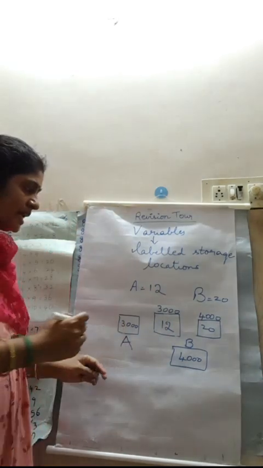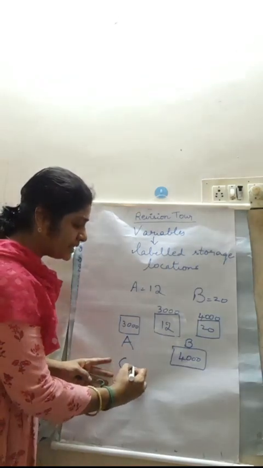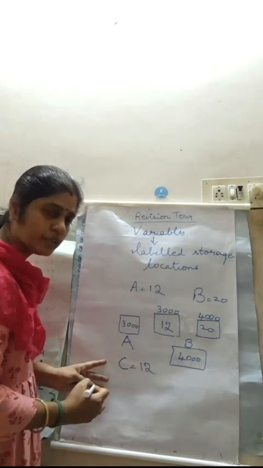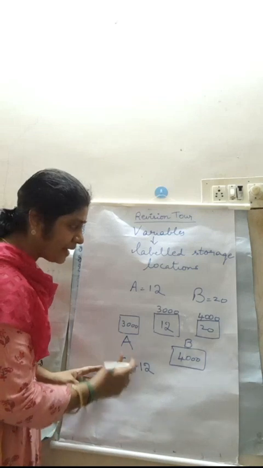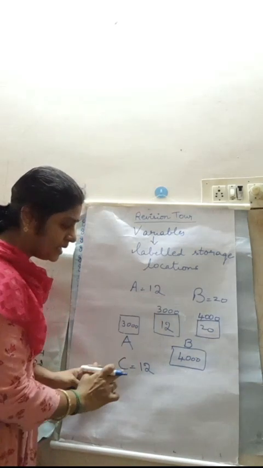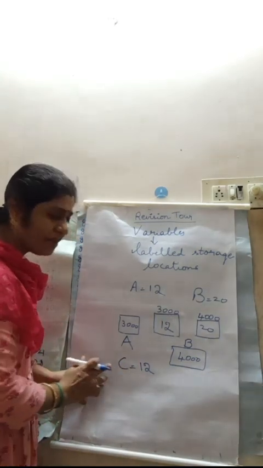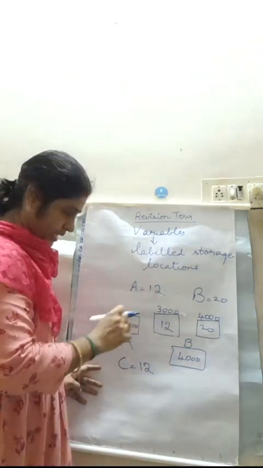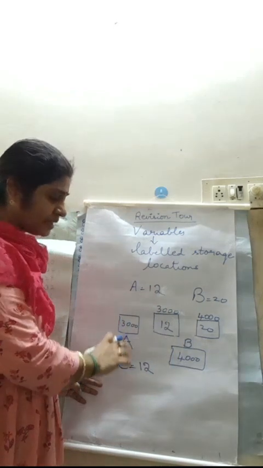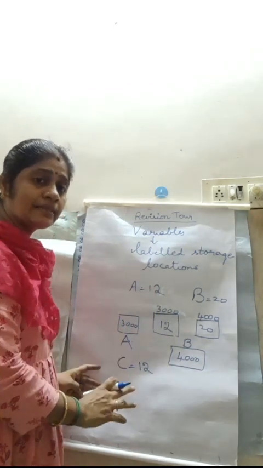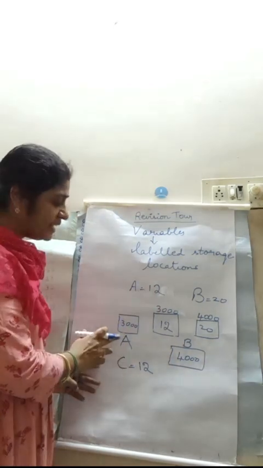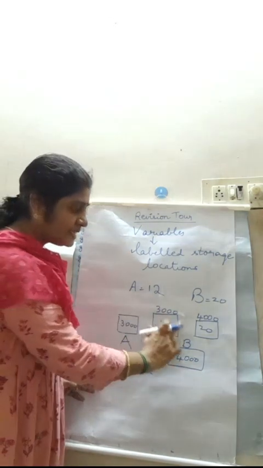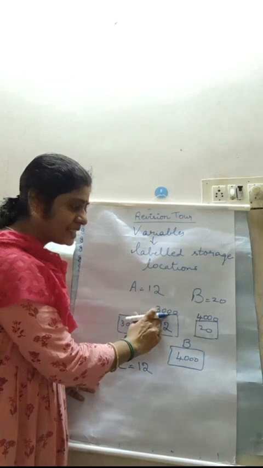For example, I am declaring a variable C and I am storing the value 12. What exactly will happen? Here A is also 12, C is also 12. So instead of storing 12 again in some other location, Python will refer to this same location, whose address is 3000.